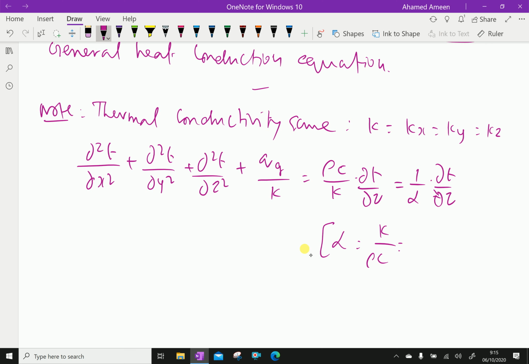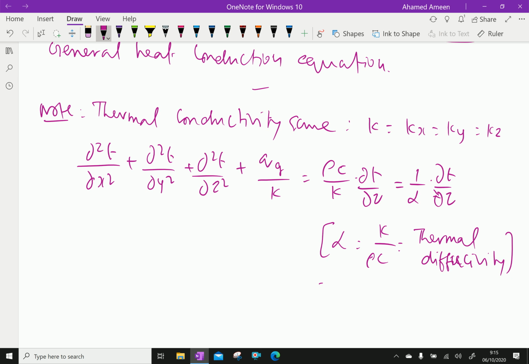This alpha, k over rho c, is called thermal diffusivity.